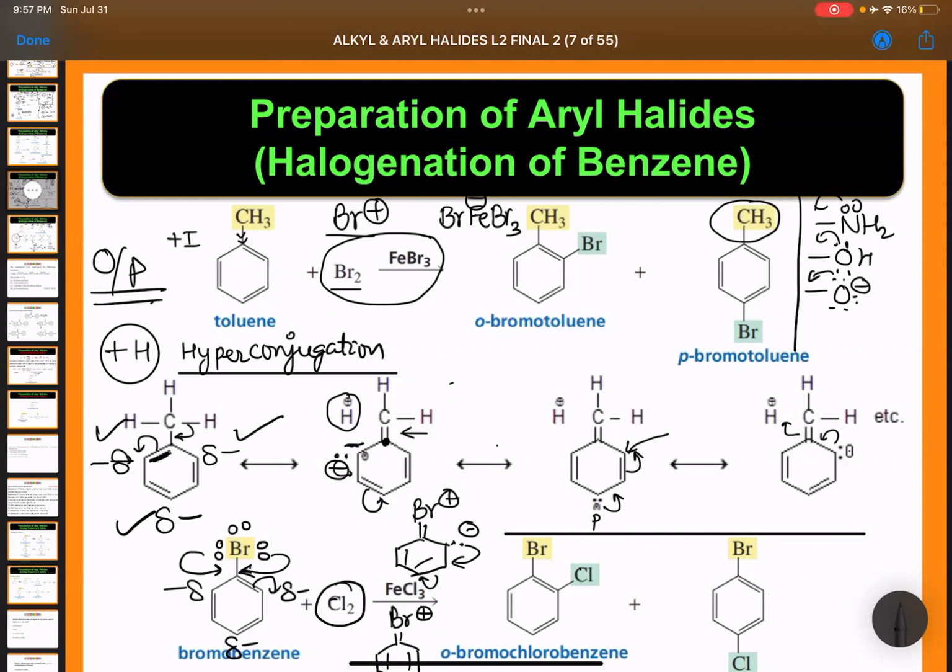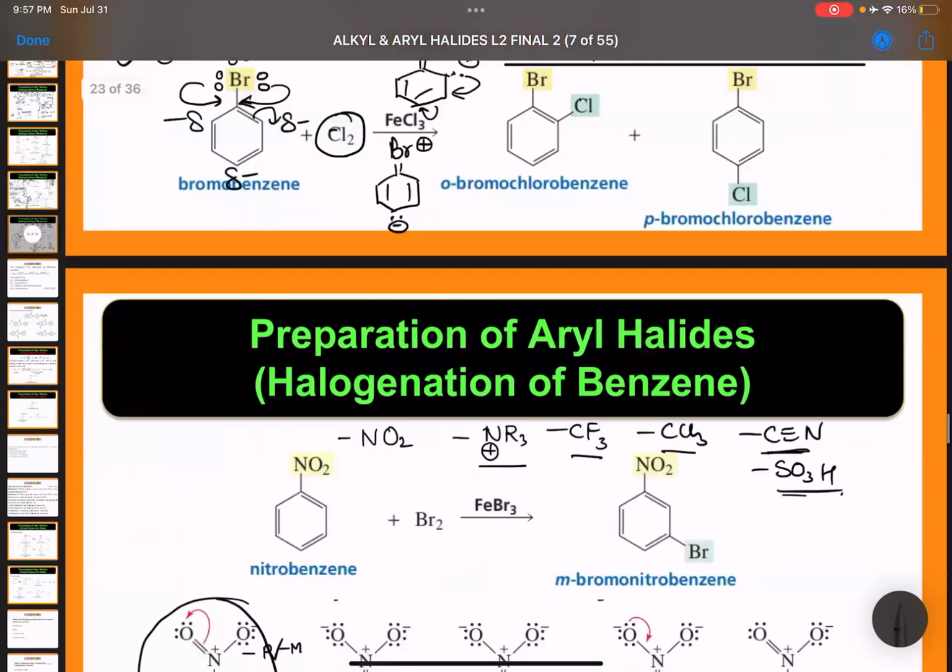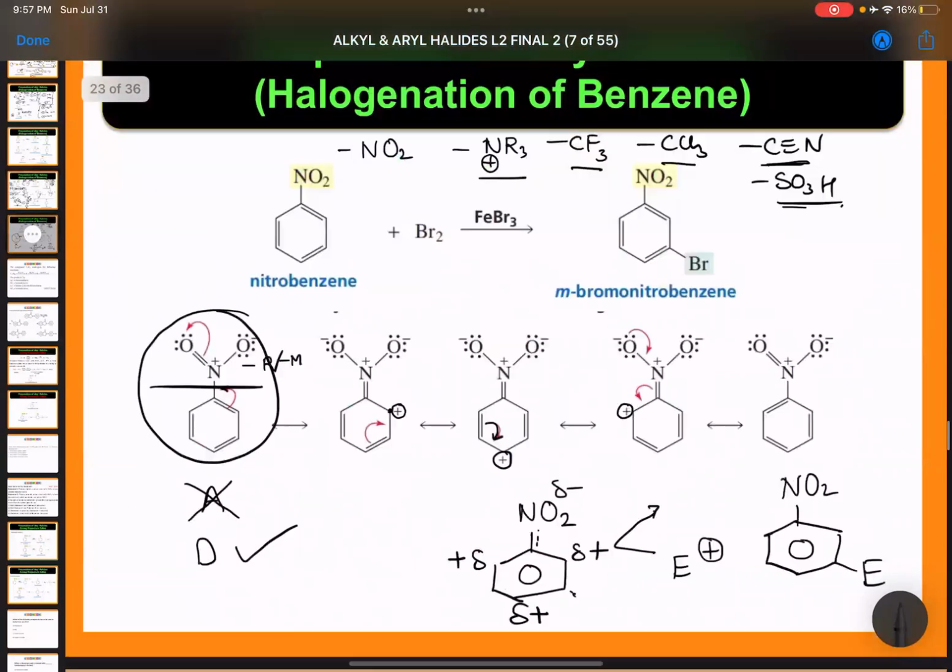They are so activating that you will not even require a Lewis acid to do their halogenation, right? So this is the whole thing which I explained.